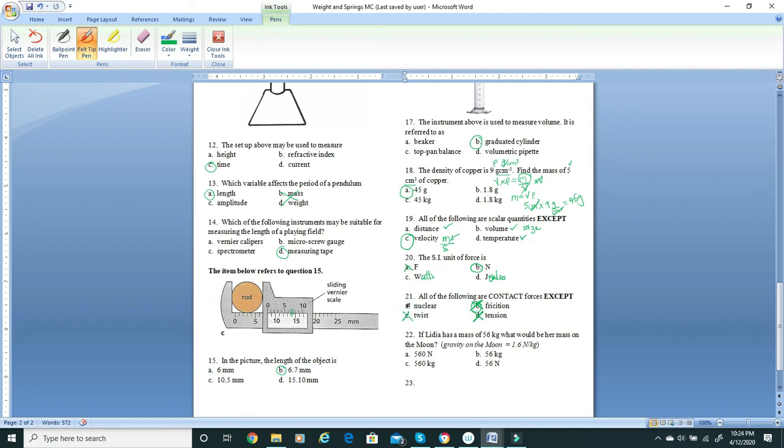With nuclear, no, it's not contact. Nuclear forces, you don't have to touch it to know it's there. So that's non-contact. Another non-contact force is gravity. And another one, magnetism. Tell me about any more contact forces that you know of.